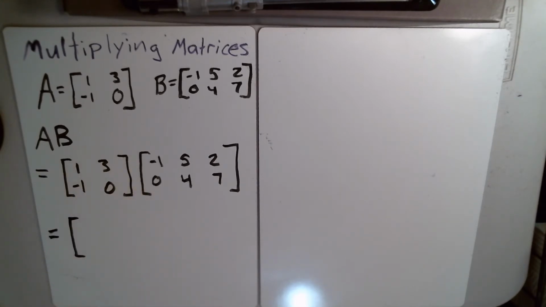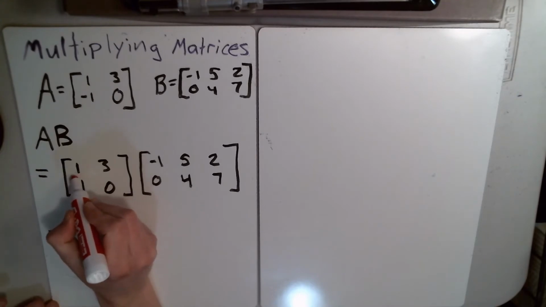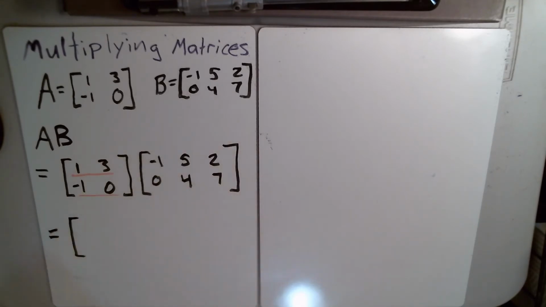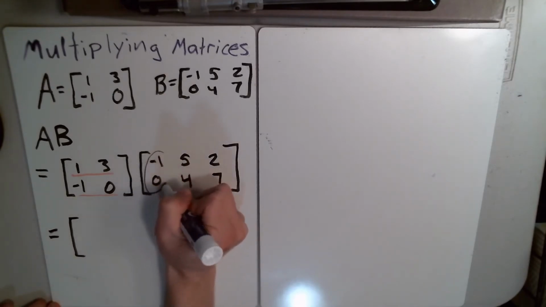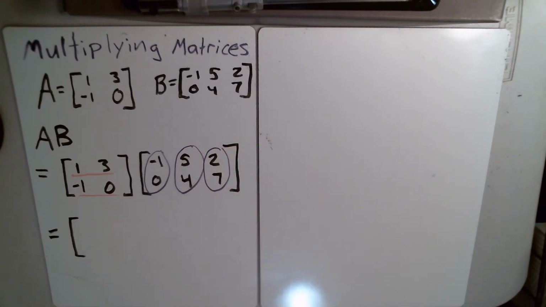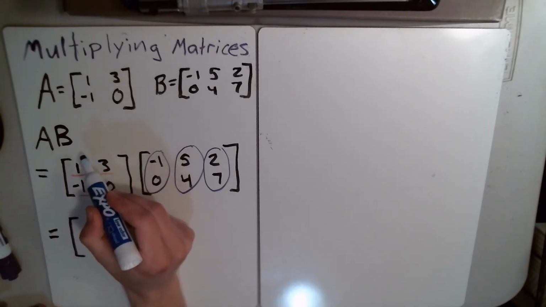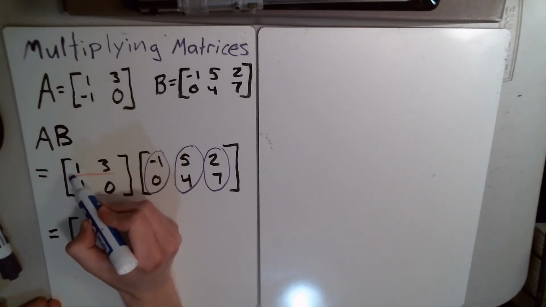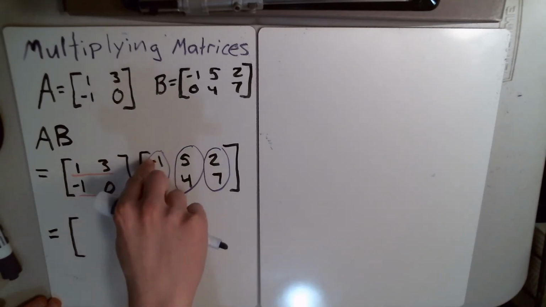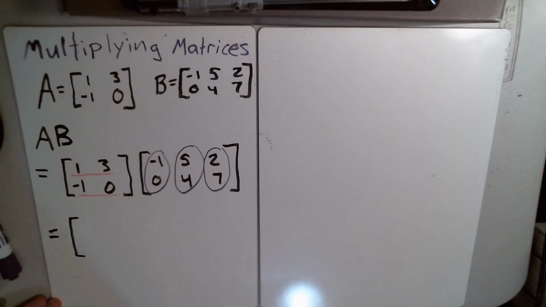What I'm going to do is take rows of the matrix on the left and times them by the columns of the matrix on the right. So you're going to take this horizontal row here and times it by the column, and then add your results together.